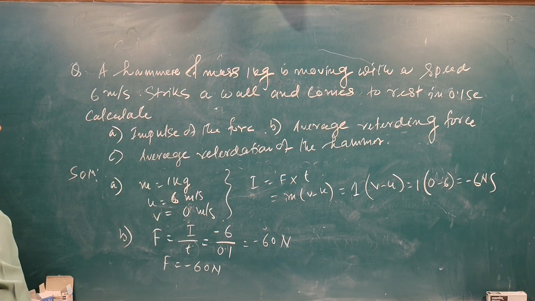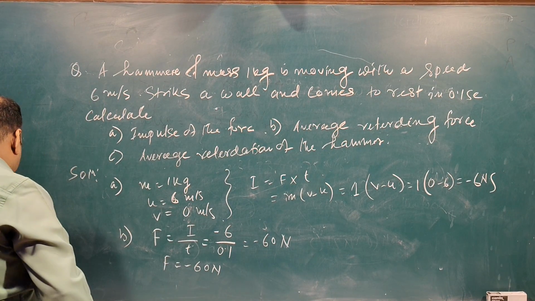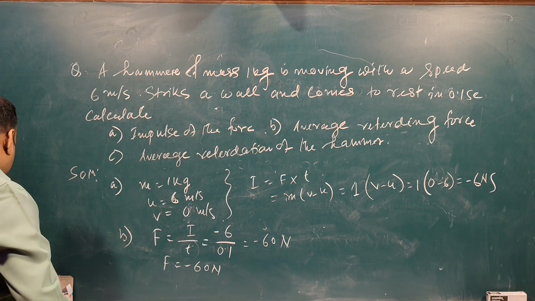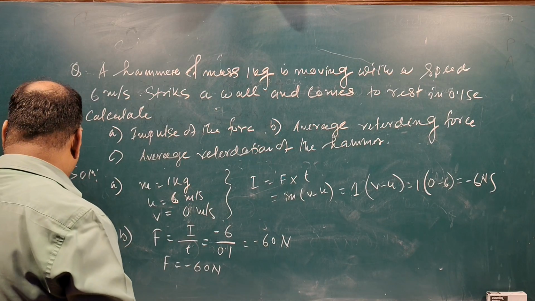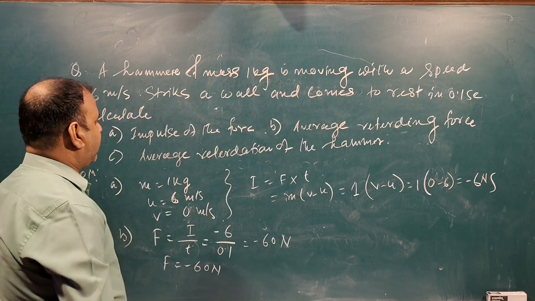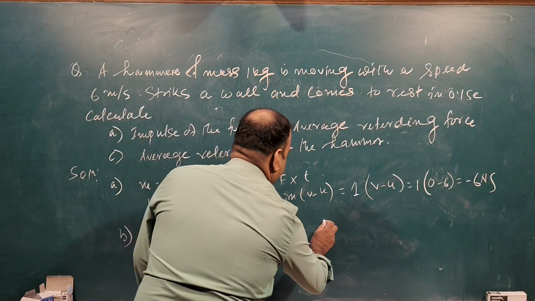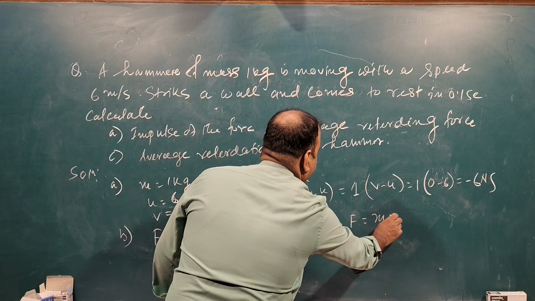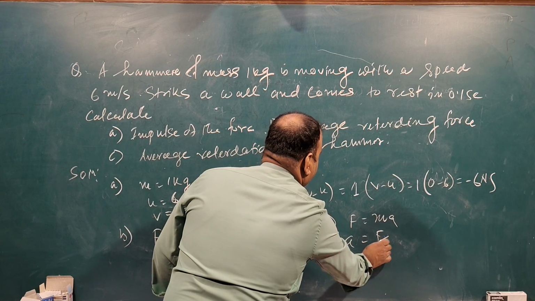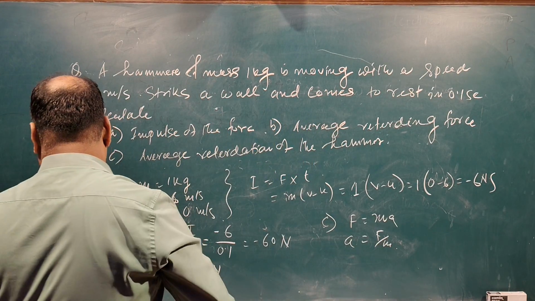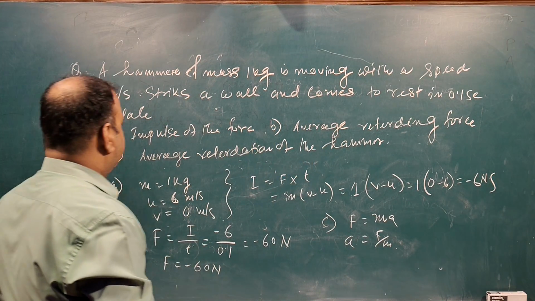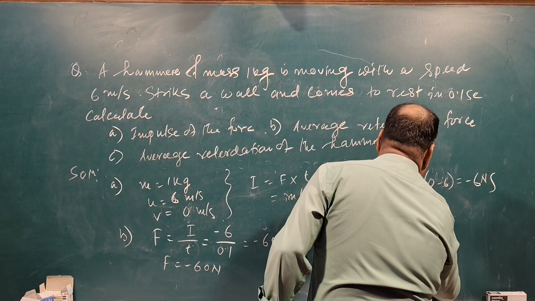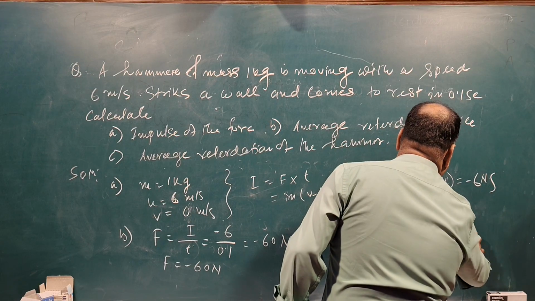Number C, the average retardation of the hammer. That means we have to calculate the value of the average acceleration. We know that F is equal to ma, so a is equal to F by m. The retarding force is 60 and the mass is 1 kg, so 60 divided by 1 is equal to 60 meter per second square.